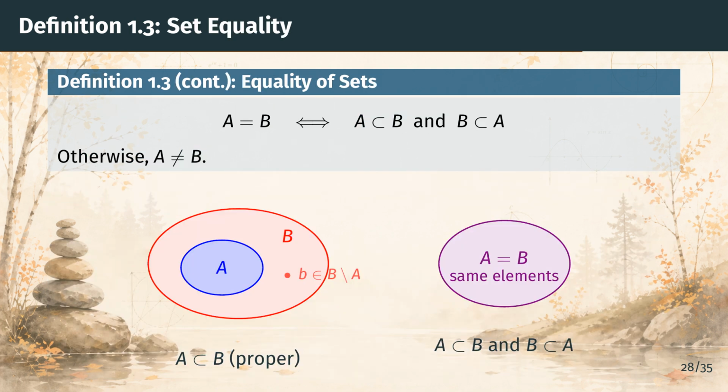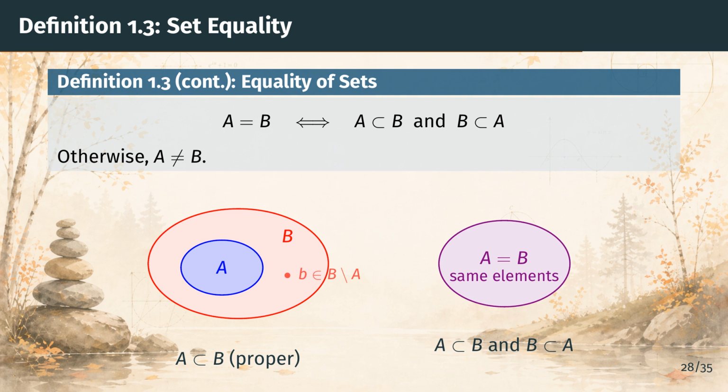Two sets, A and B, are defined to be equal if A is a subset of B and B is a subset of A. In other words, they contain exactly the same elements. Otherwise, they are not equal.